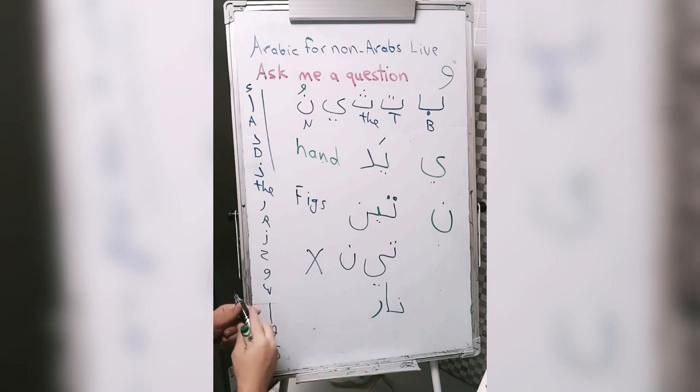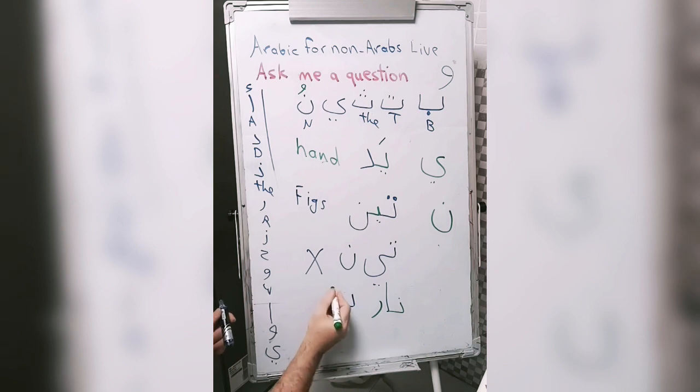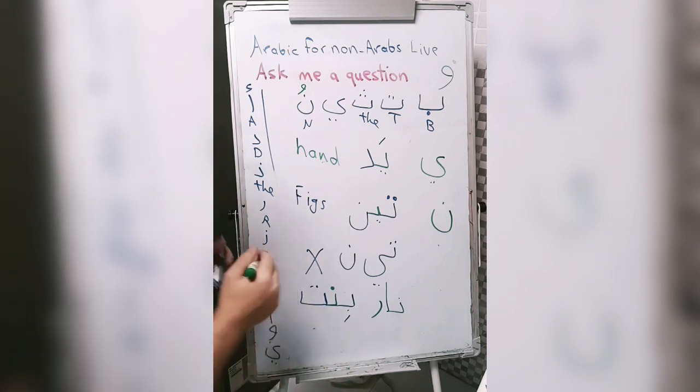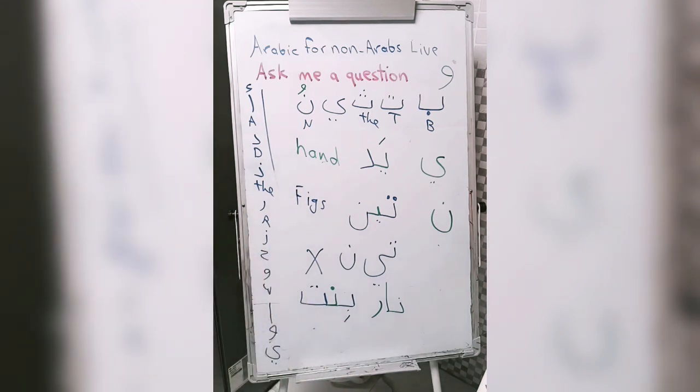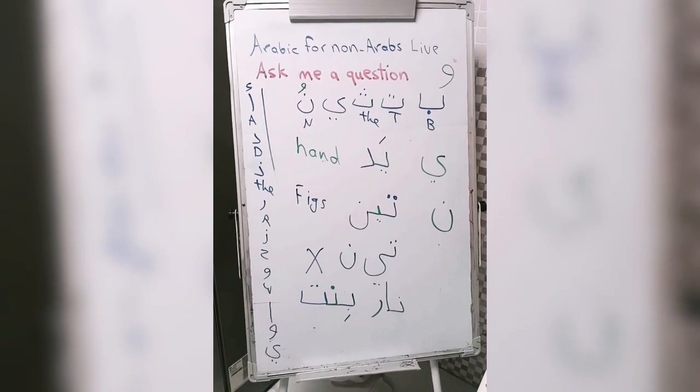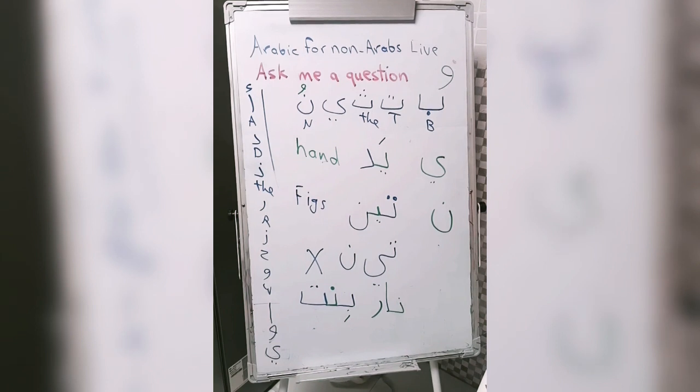I can say letter ba, for example, or there is one meaningful, N in the middle, and I can say bint. Bint means a girl. I say bint.